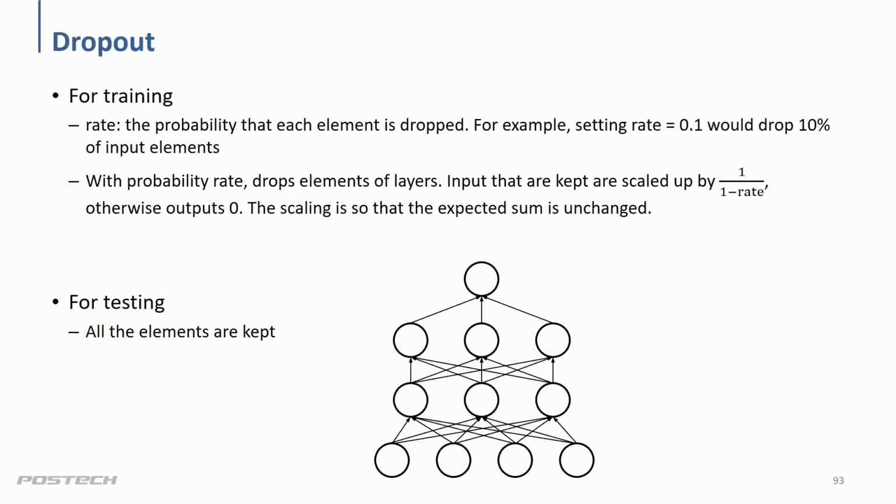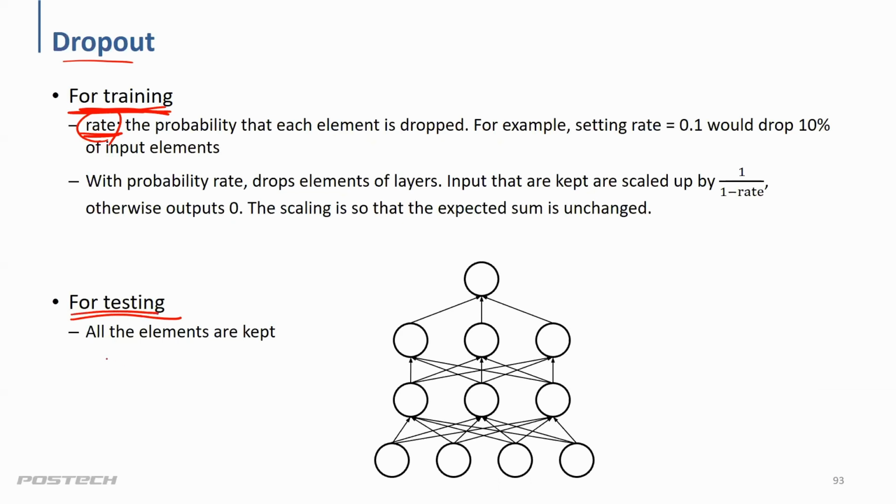So for the training, there will be the rate. For the testing, when you train the model using dropout, you define the rate, and some of the neurons in the network are removed.